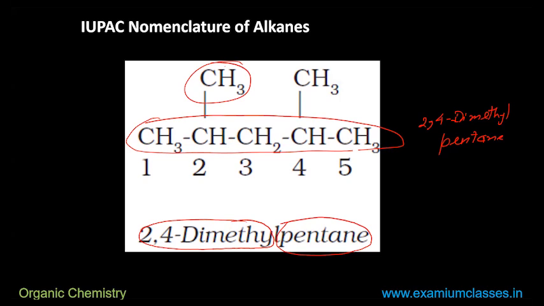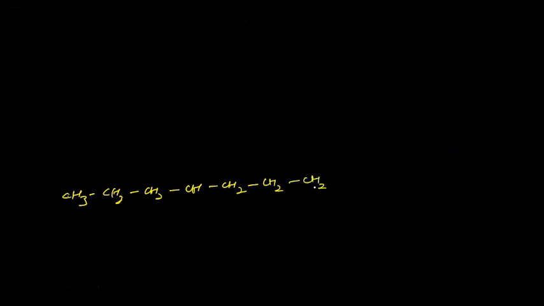So the next point, what we are talking about, suppose you have a long chain. The chain here is, say, like CH3, CH2, CH2, CH, CH2. Like this. And here you have something like this.